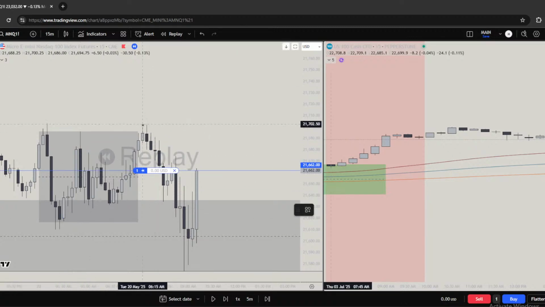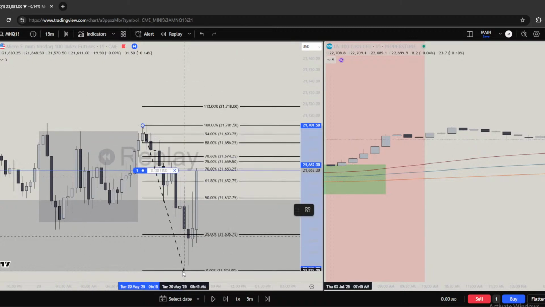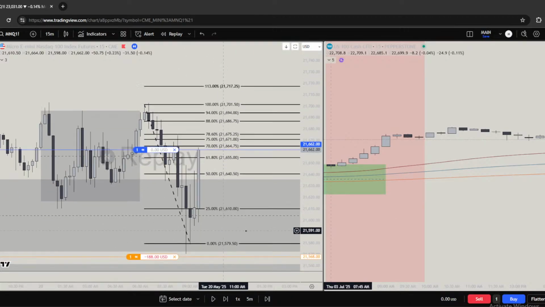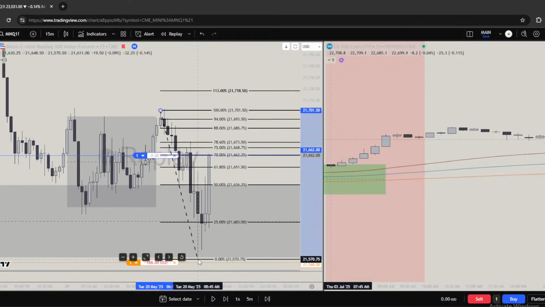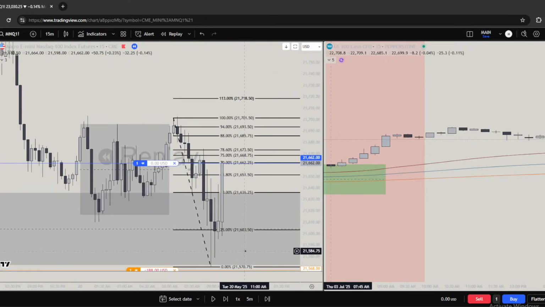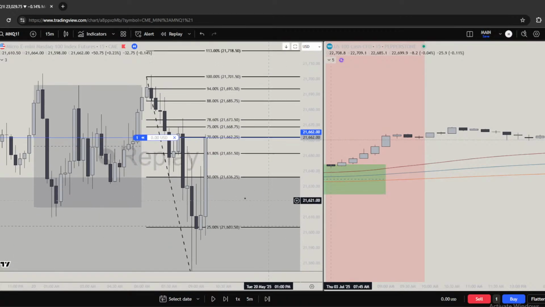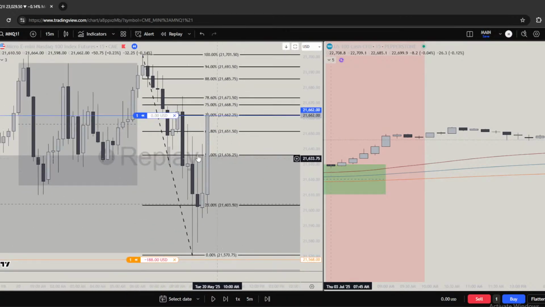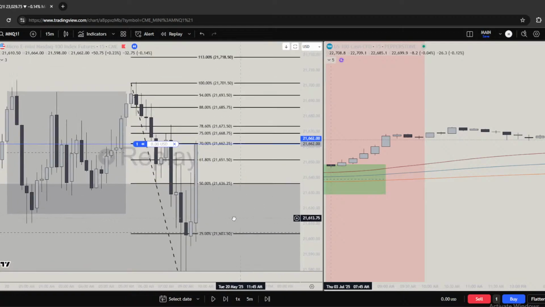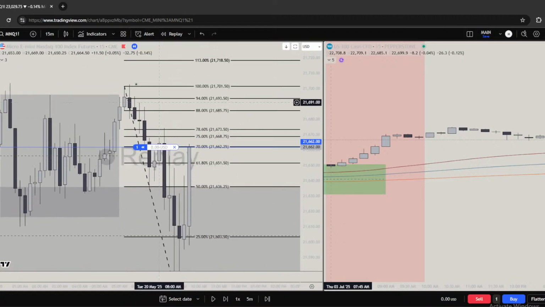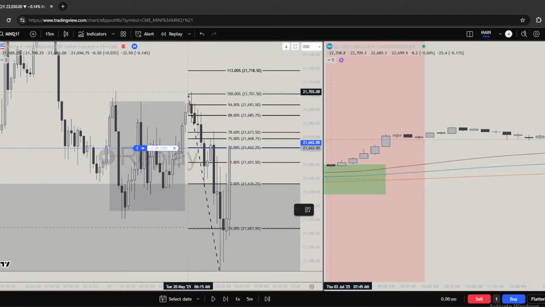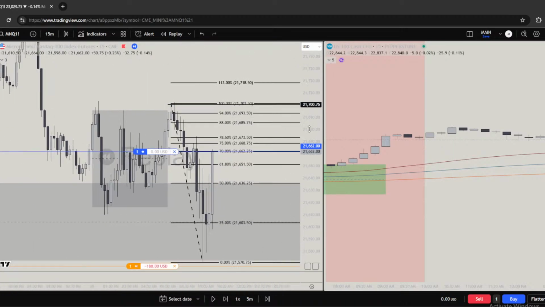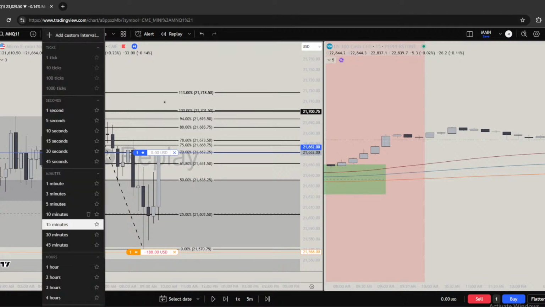I'm just looking at my fib. There, so I entered here. 50, 61, 200. Target at 200.